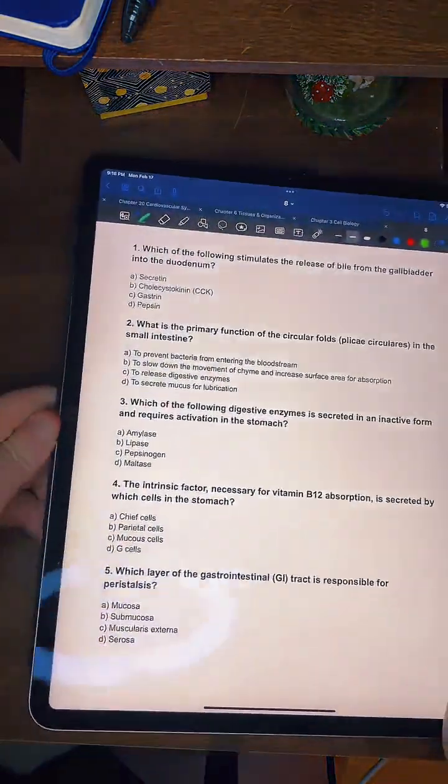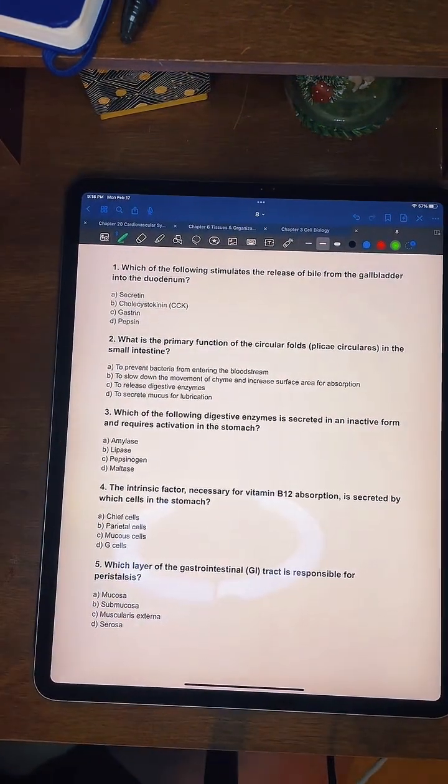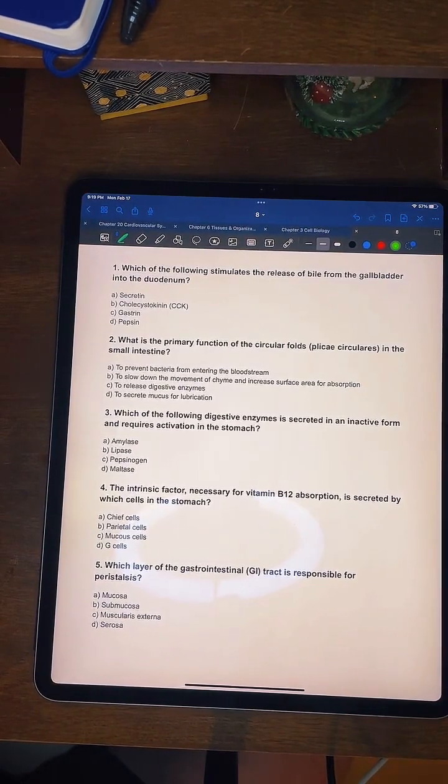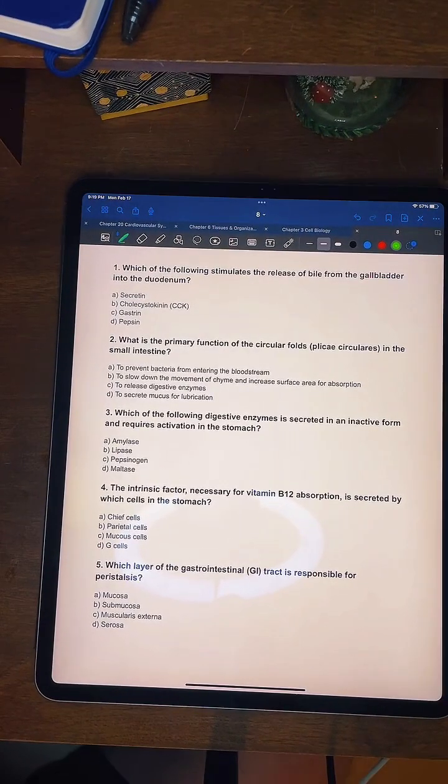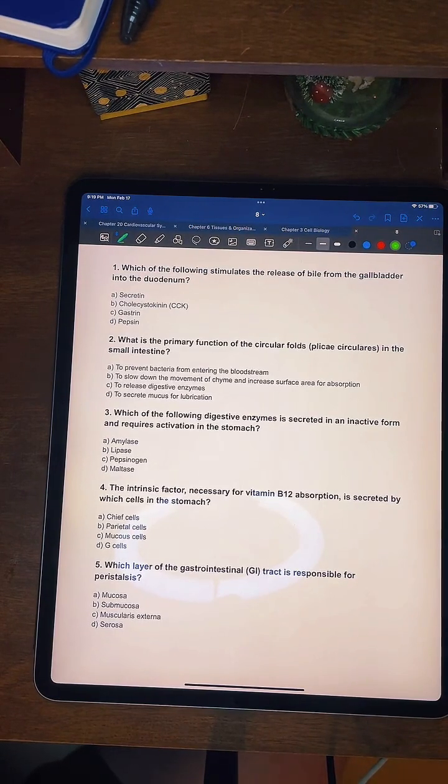Alrighty. Moving on to some digestive system questions. Alright, let's see. Thank you for this. Thank you. I'm glad that you think they are good.